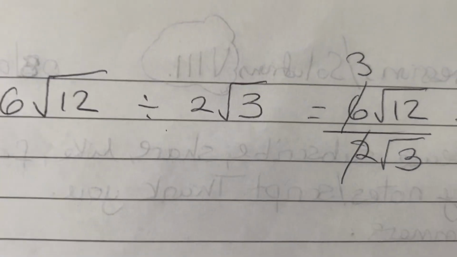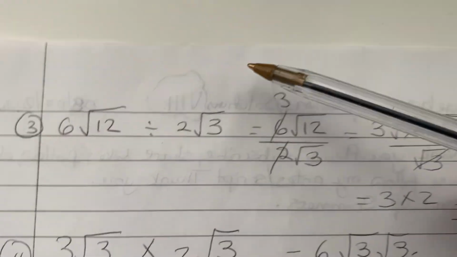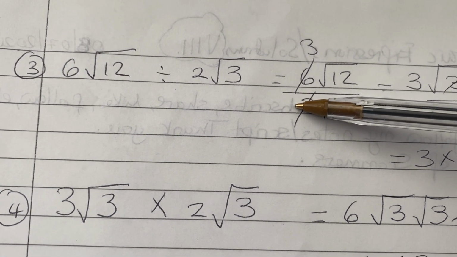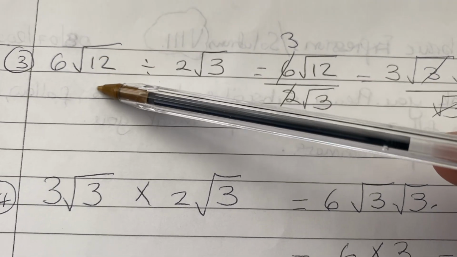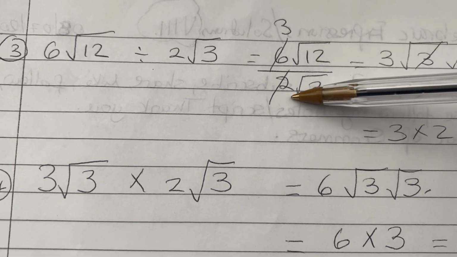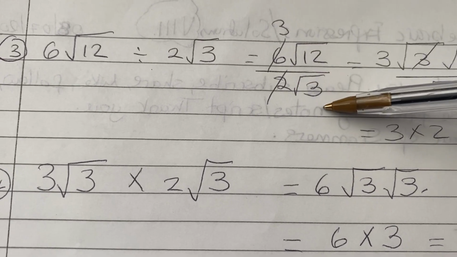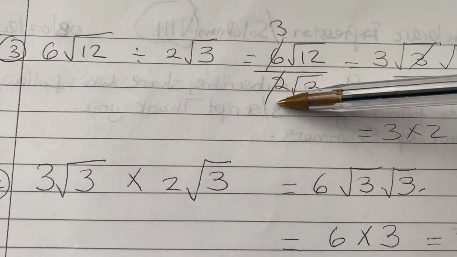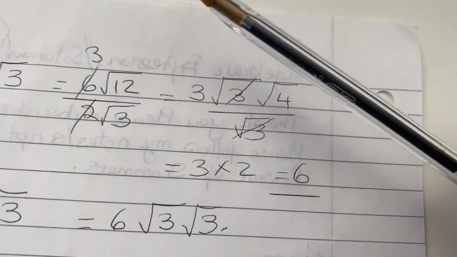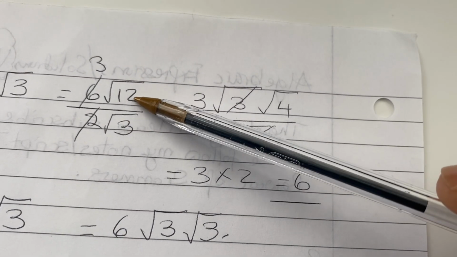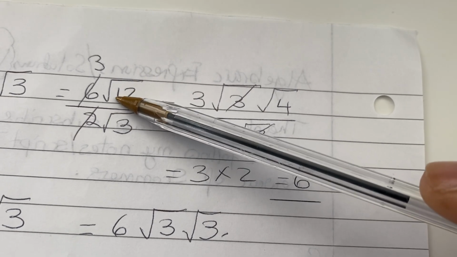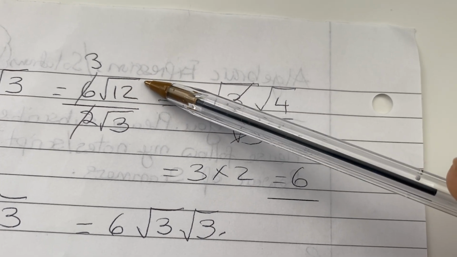Now the fourth one, okay. 6 root 12 divided by 2 root 3, okay. So 6 root 12 is the numerator, 2 root 3 is the denominator. 6 divided by 2 is 3. Now, with the root 12, again, I can do 2 times 6, okay?